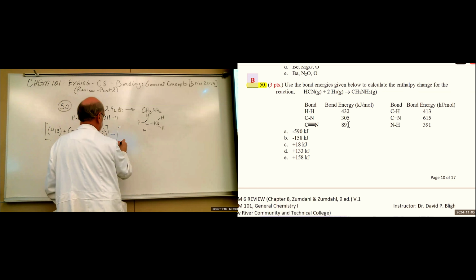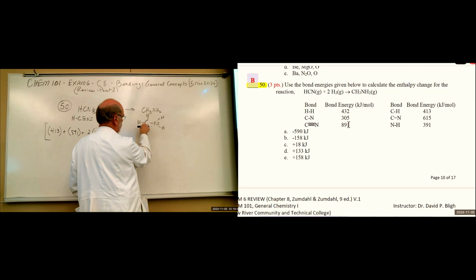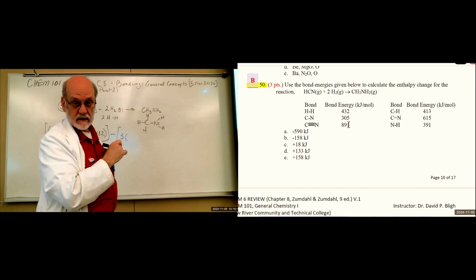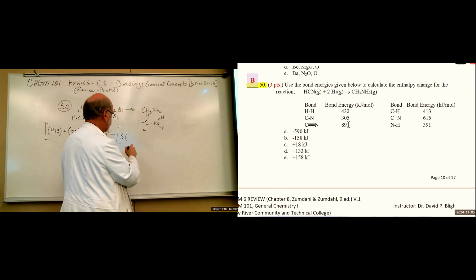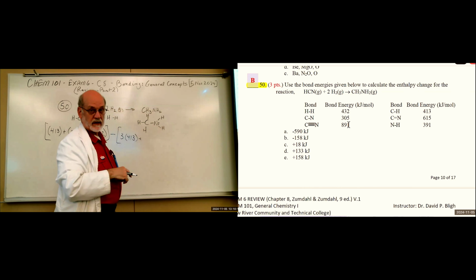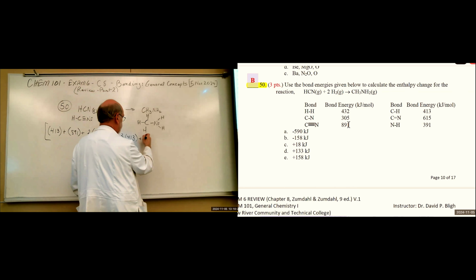And then we subtract. We have 3 carbon-hydrogen bonds, which should be 413 each. And then we have a carbon-nitrogen single bond, which is 305.